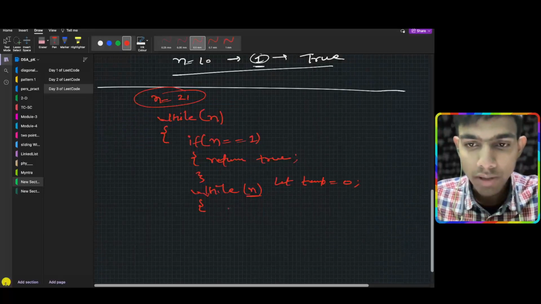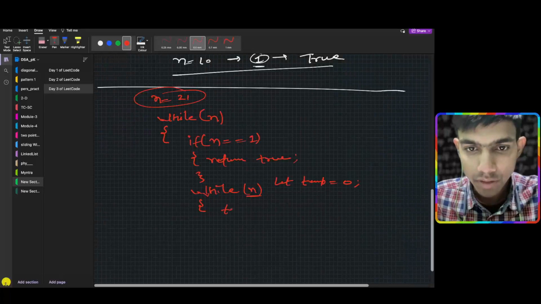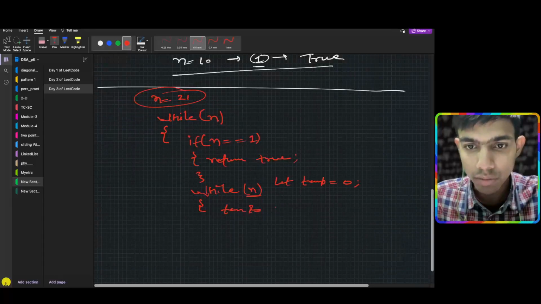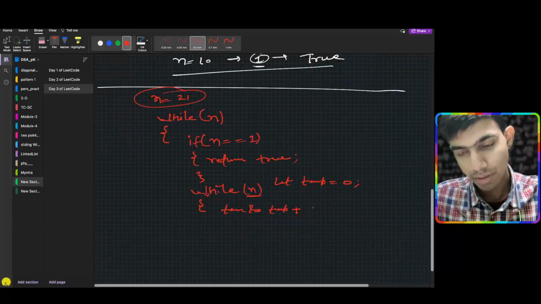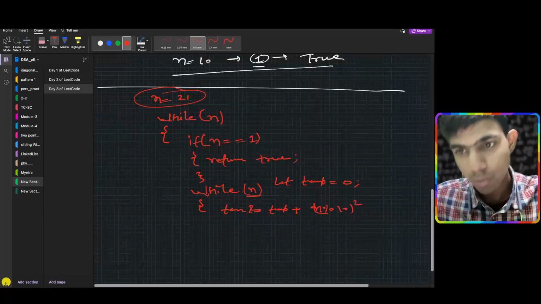And now what we can say, temp is equal to temp plus, and we need the last digit. For the last digit, we need n modulo 10, and the last digit's square.